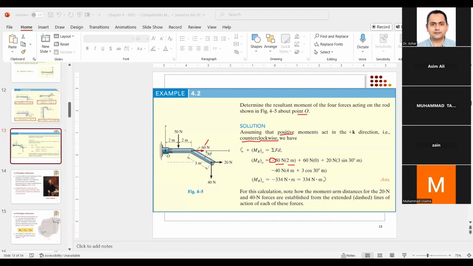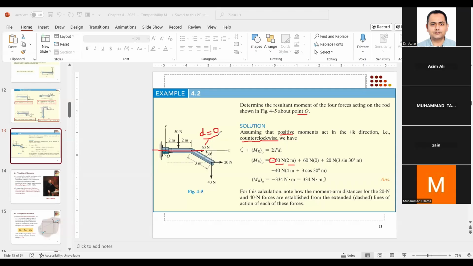If I extend the line of action, you will see that it passes through point O. If it is passing through point O, it means there is no perpendicular distance. So if the line of action of the force passes through the point about which we want to calculate the moment, there is no moment arm, and d is equal to 0.